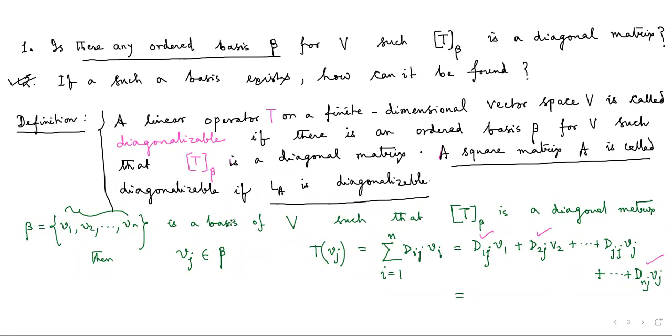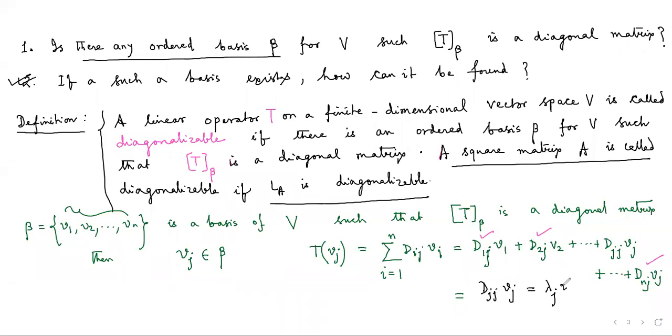And since my matrix is a diagonal matrix, all these off diagonal parts should vanish, and we'll simply get djj vj. We can rename this matrix element djj, which appears in the jth row and jth column, as lambda j vj.